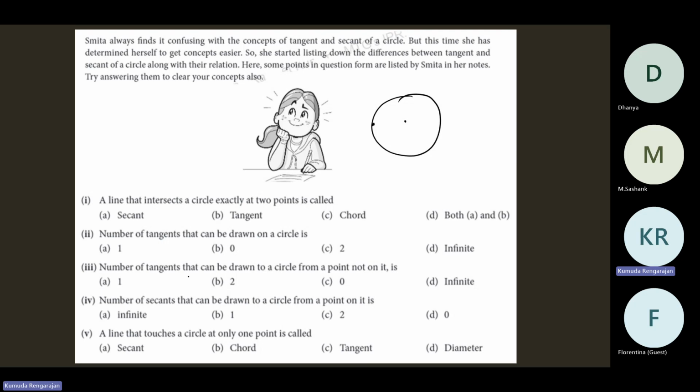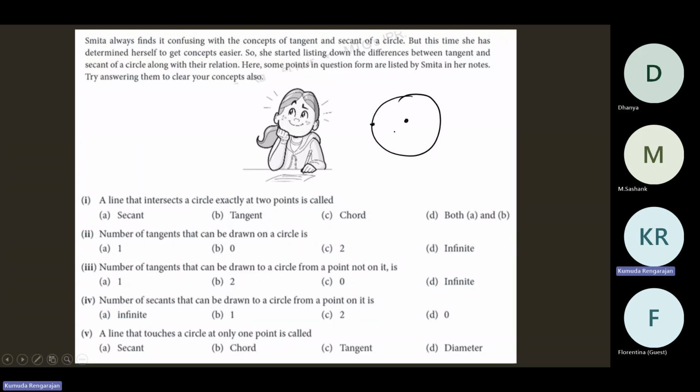Not on it meaning it's not a part of the circle at all. That means it's outside the circle. Even if the point is inside the circle, it's like on it, right? It's a part of the circle.